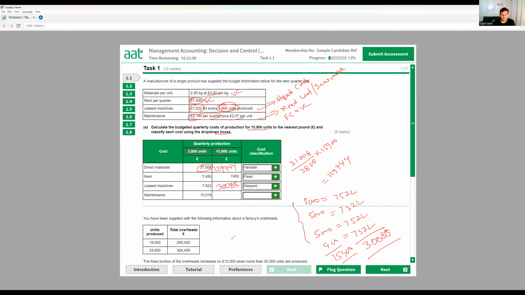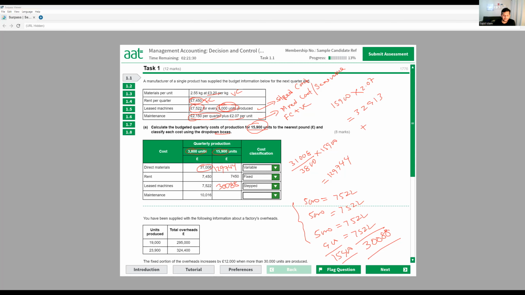The next one we have is maintenance. The maintenance says fixed is 2,150 per quarter and 2.07 per unit. So let's have a look at how many units you are making. You are making 15,900 units times the variable rate of £2.07. So my total variable here is 15,900 times 2.07. That gives me 32,913.